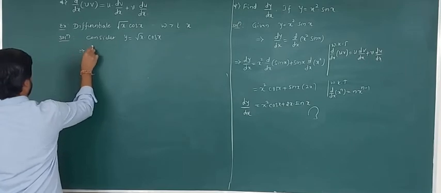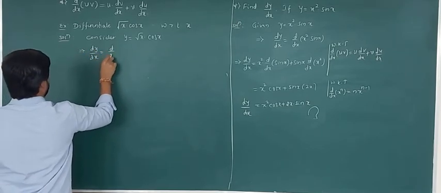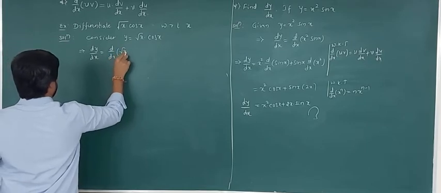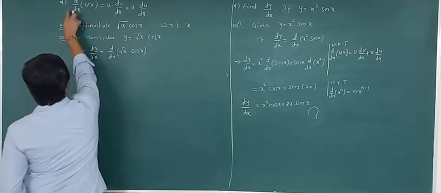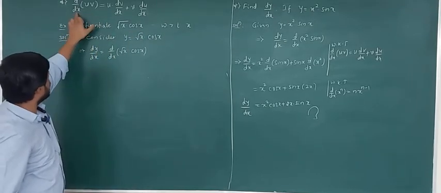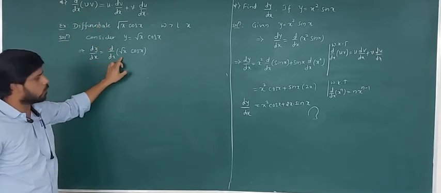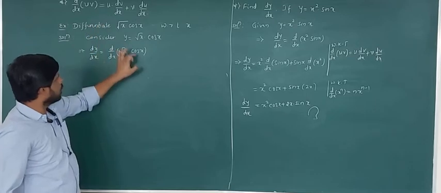Differentiating on both sides, we get dy by dx is equal to d by dx of root x into cos x. So we know that d by dx of u into v equal to, comparing these two, d by dx of root x into cos x, in place of u we have root x, in place of v we have cos x.